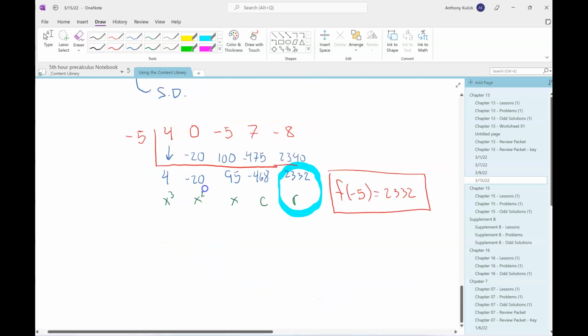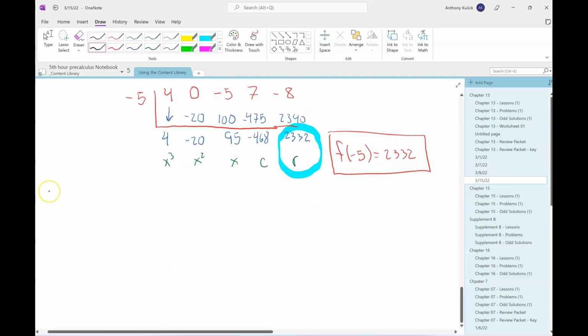Okay, so we'll continue on now. At this point, we built out this synthetic division thing, right? And we found that this is really nice because it can do the same thing as long division, but it's faster, which is super useful.